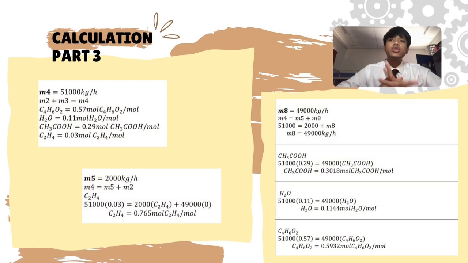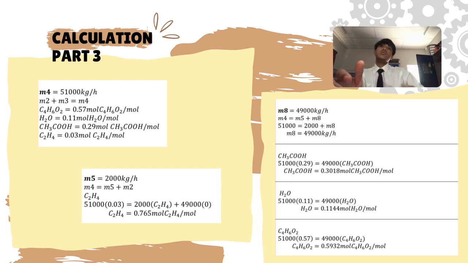Next, we will go into the calculation for the first separator for this flow diagram. As we know, M4 is the product that we get from the reactor. The flow rate for M4 is 51,000 kg per hour, with a fraction for ethylene of 0.03, acetic acid 0.29, vinyl acetate 0.57, and water 0.11.